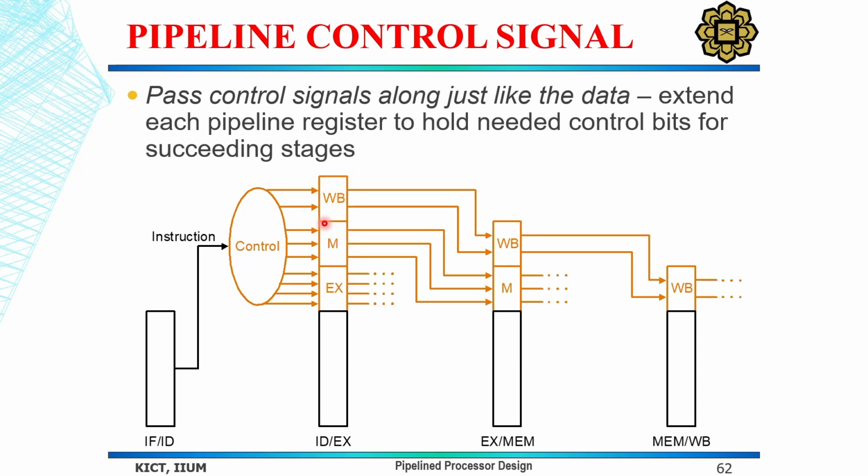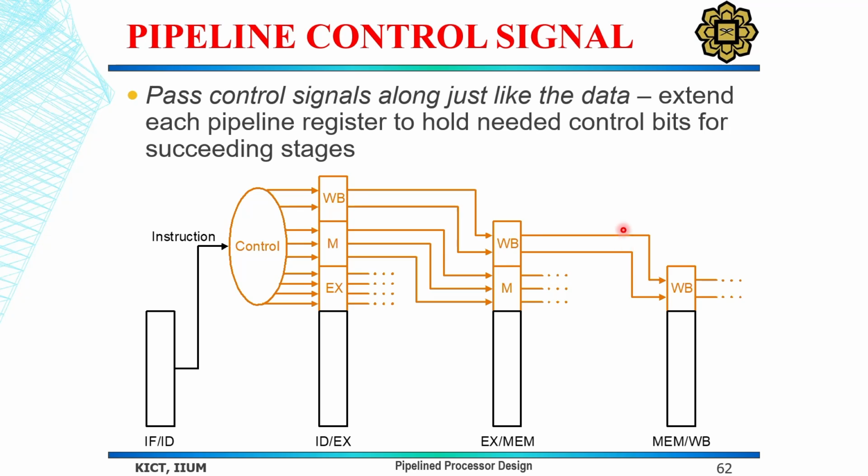One important thing here is that since all these control signals are generated here and then passed to the next stage, the control signals which are relevant to this stage are utilized over here, and the control signals which are to be used in the next stages are passed in the pipeline register.